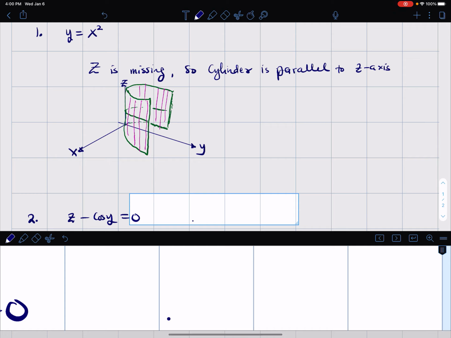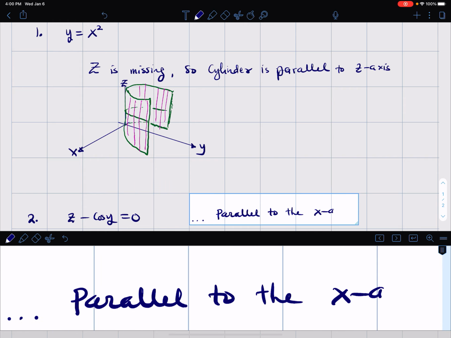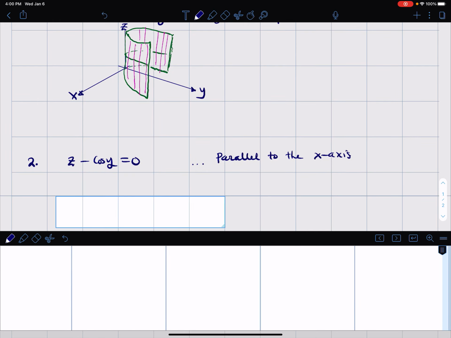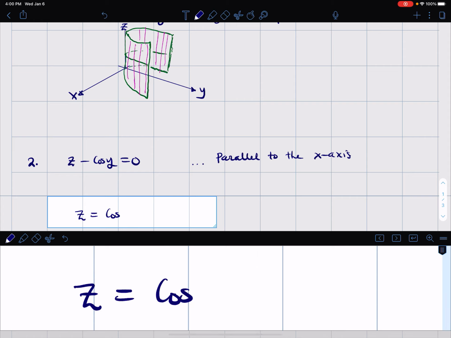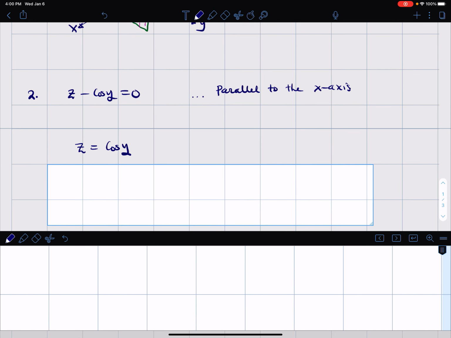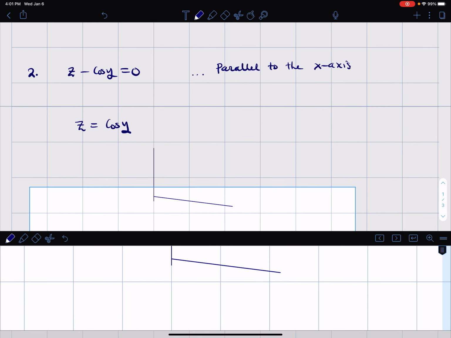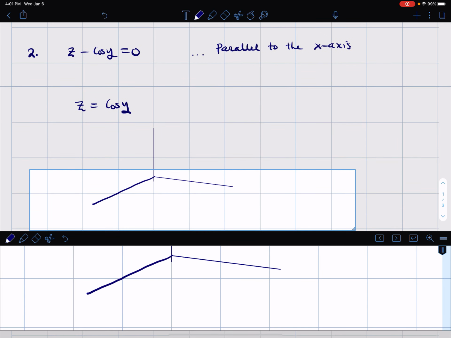So this must be parallel to the x-axis, since x is missing. So if you rewrite this, you just get z is equal to cosine y. All right, so we go to the yz plane, so we get that, and that's z, and this is y, and this is x.